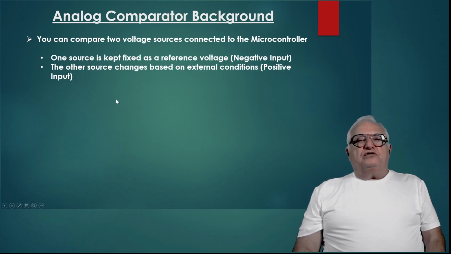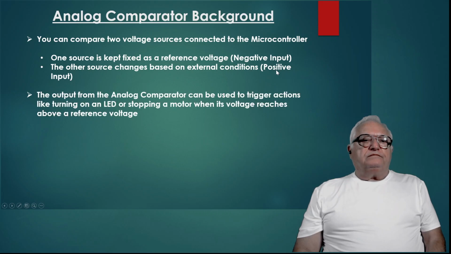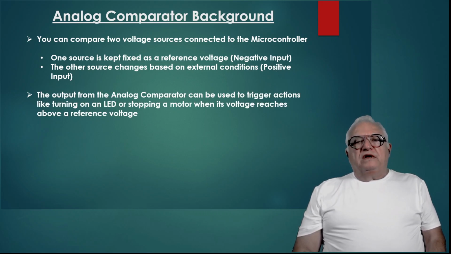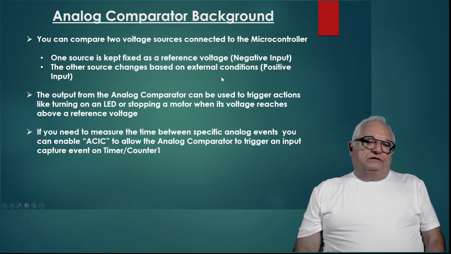The other source changes based on the external conditions, and that's what we refer to as the positive voltage. The output from the Analog Comparator can be used to trigger actions like turning on an LED or stopping a motor when its voltage reaches above a reference voltage.